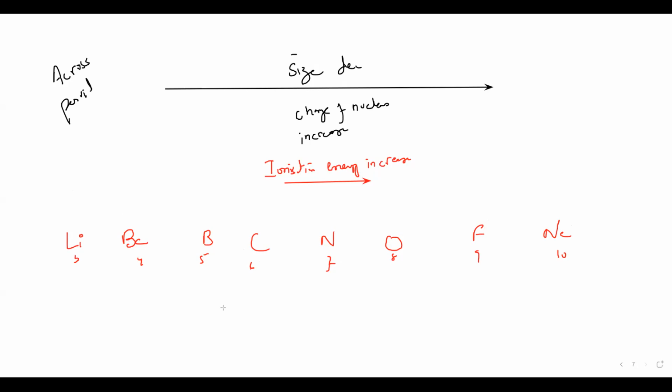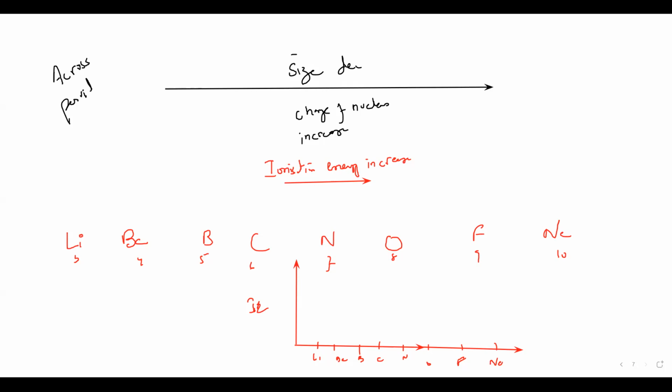So if I sketch a graph for ionization, as we know, moving across the period the size is decreasing because there is a greater nuclear charge, so electrons are closer. When we sketch a graph of log of ionization energy against the element atomic number, lithium, beryllium, boron, carbon, nitrogen, oxygen, fluorine, and neon, what should happen?